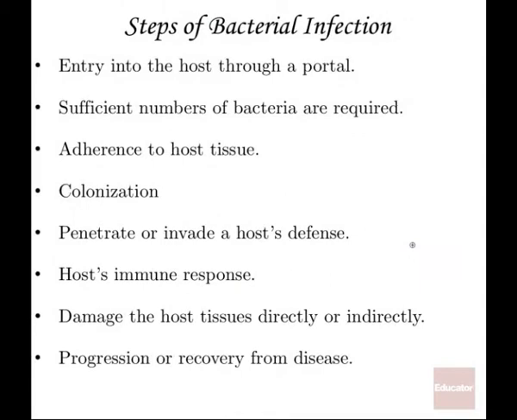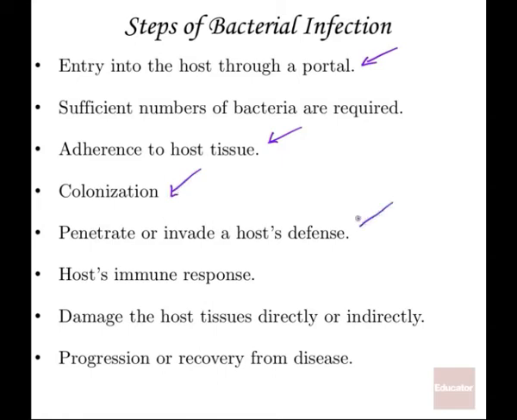So in terms of the various steps of bacterial infection, certainly we have to enter the body through various portals that I just showed you. Also, a sufficient number of bacteria needs to enter, because if not enough bacteria enter, then we're not going to have an infection. So the bacteria then needs to adhere to host tissue. It needs to colonize, grow, and multiply.